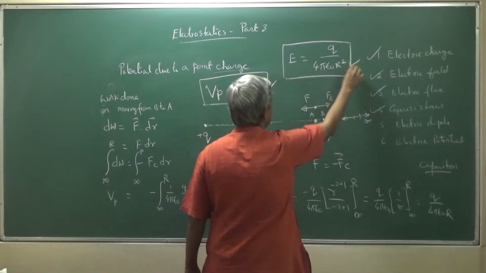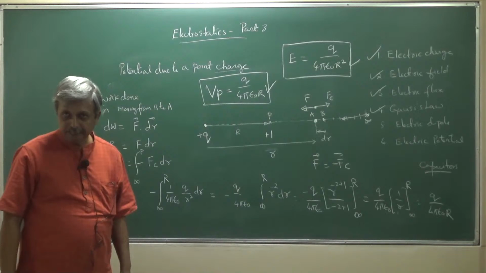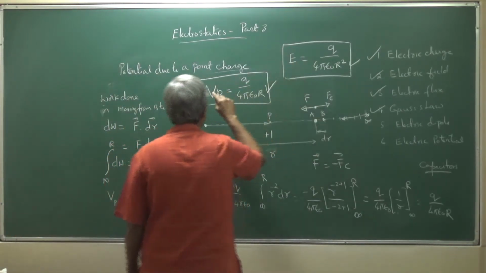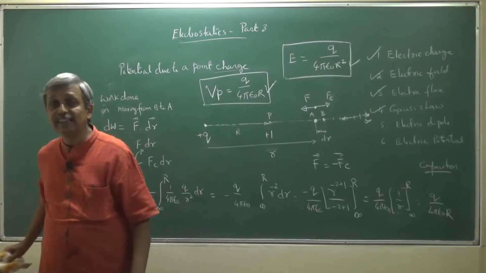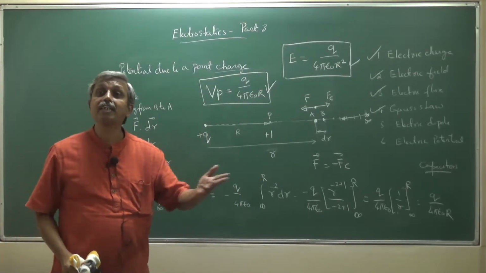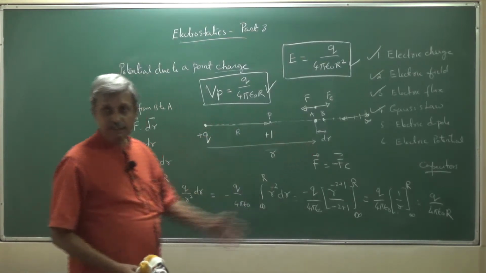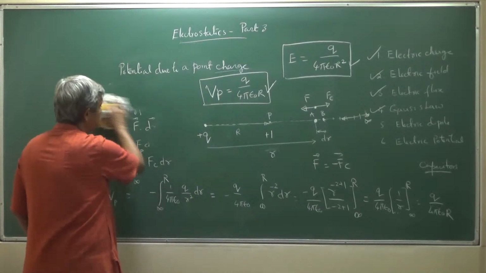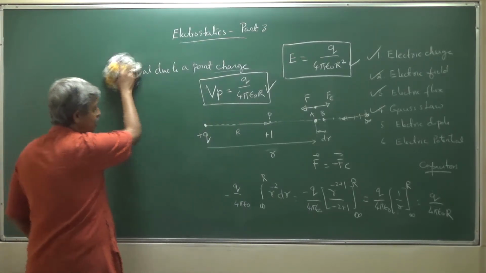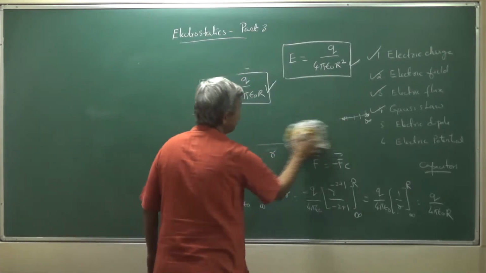This formula we already got as electric field. This formula we got as potential. But here this is a vector and this is a scalar. So we'll just show once what it really means. Because in physics, after the derivation, if you go away, then you will not understand anything. You need to interpret it, stay there for some time and understand it. So we will try to understand what it means.